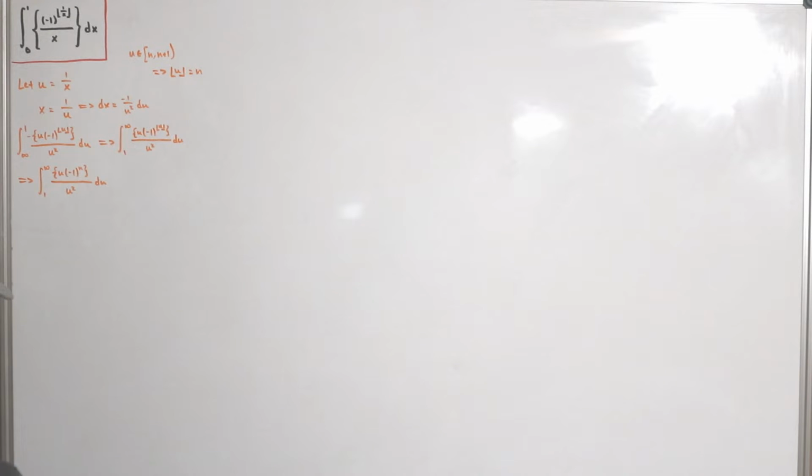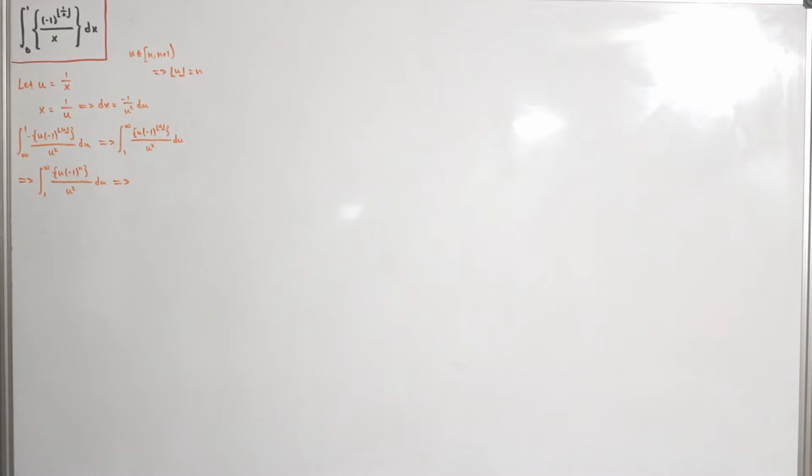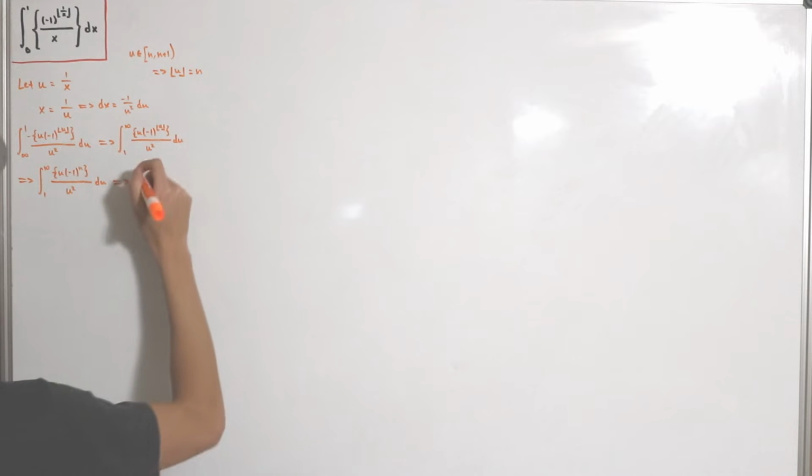Now I want to rewrite our integral in the form of a sum, a sum of integrals evaluated at each partition of our bounds. We start from 1 to 2, then 2 to 3, then 3 to 4, then 4 to 5, and so on, all the way up to infinity.